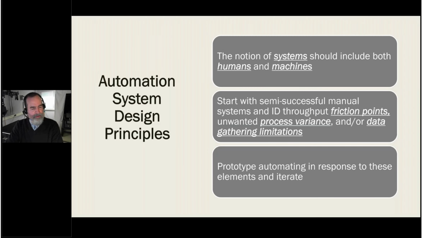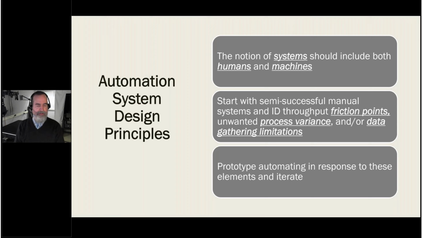Before I get into that, however, I'd like to talk about a few design principles that we've come to observe over time. These first include the idea of systems and how they should include both humans and machines. And by machines, I mean things like general hardware, programmable logic controllers, and software.